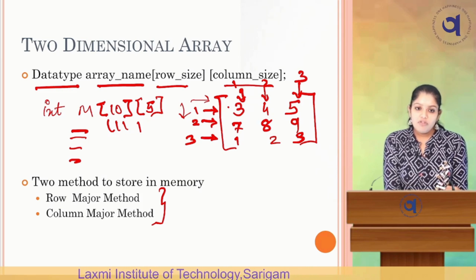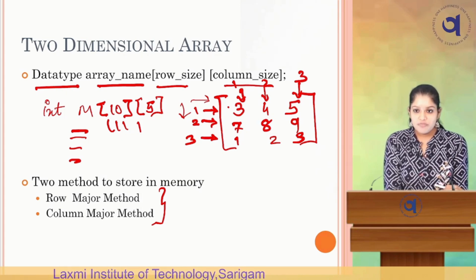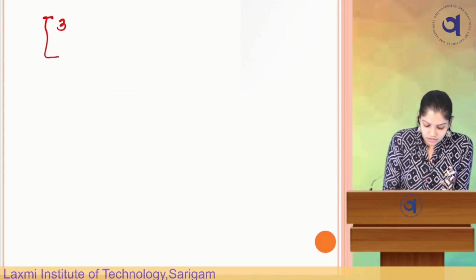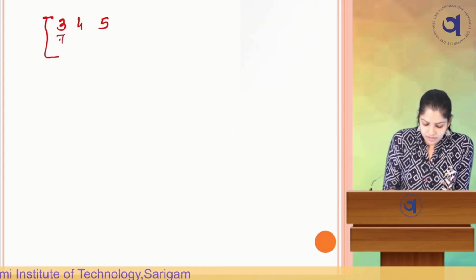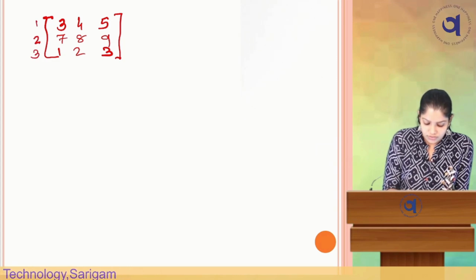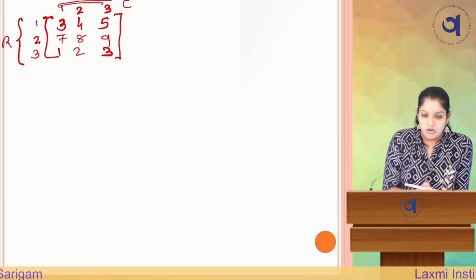Now, if we want to store data in the row major method, we have here 3, 4, 5, 7, 8, 9 and 1, 2, 3. These are your rows and these are your columns.